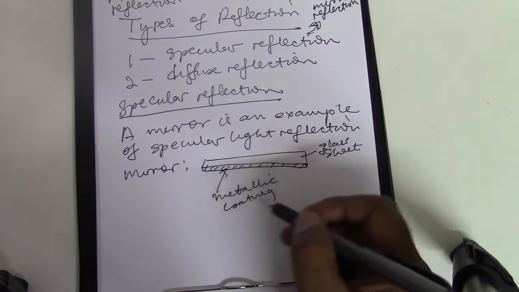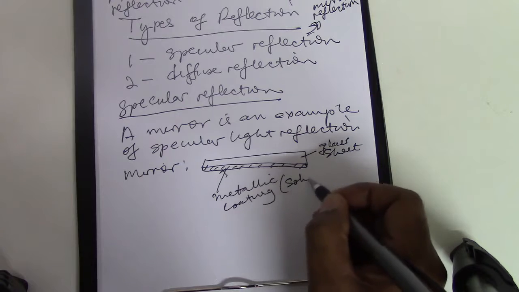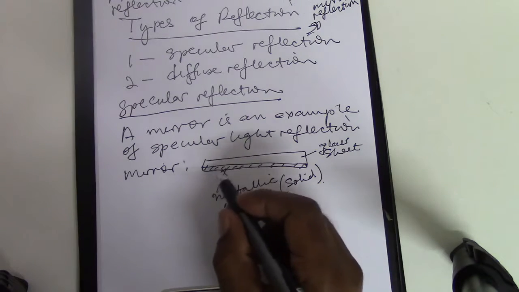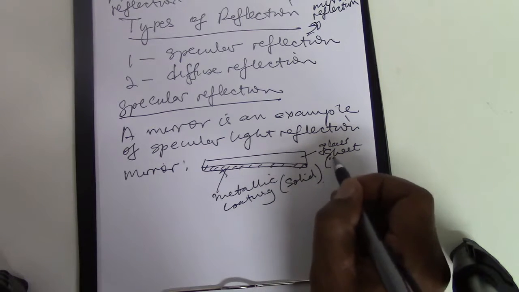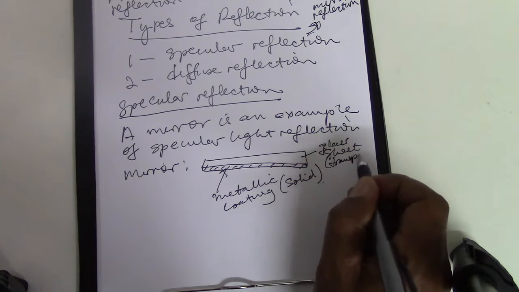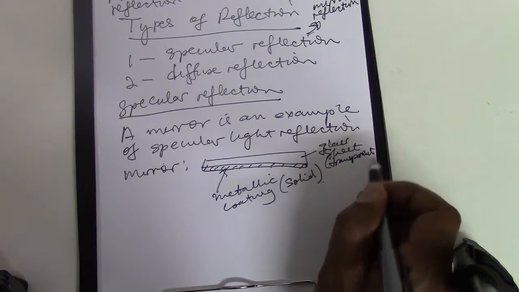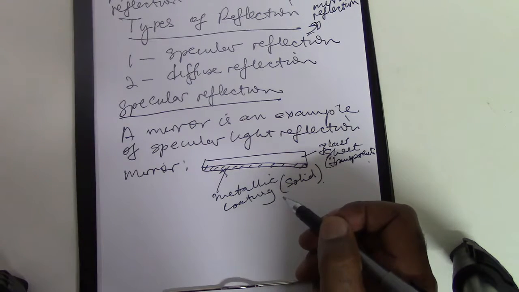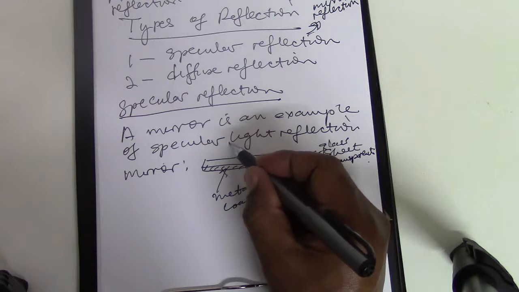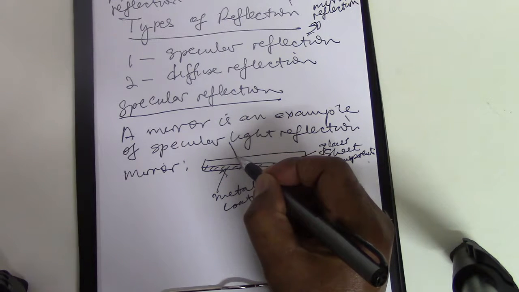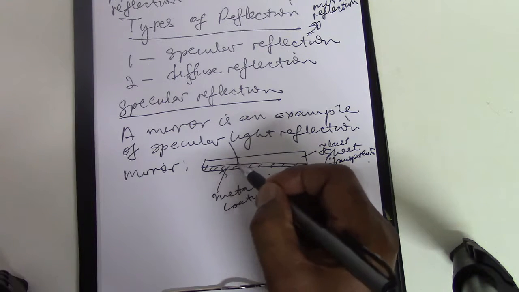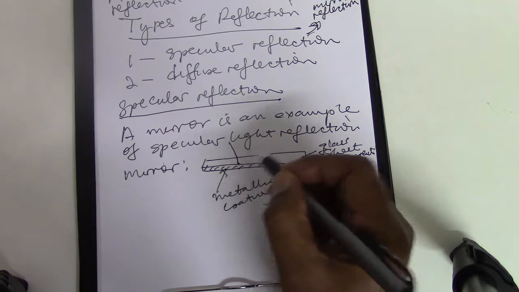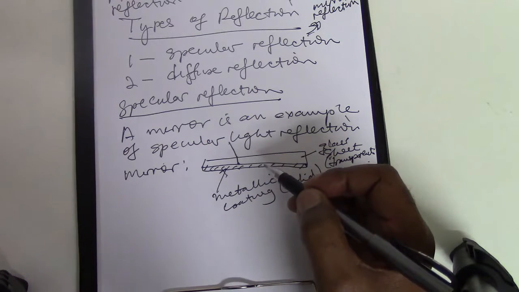Now, this metallic coating, normally we refer to it as a solid material at the back here, while this one is transparent. So you can see that when light comes in, it actually enters this transparent material and then gets to the solid material, and then reflection takes place.